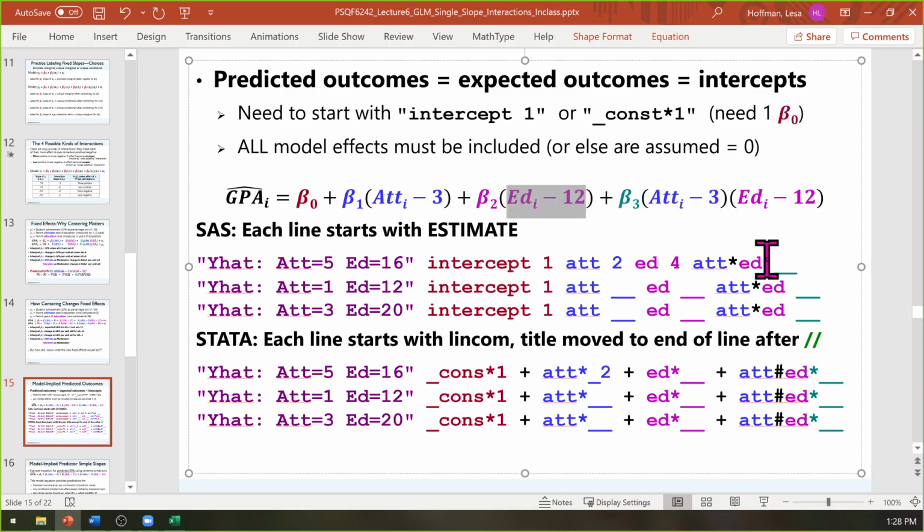Likewise, at by ed refers to what beta 3, the interaction term, is going to be. What goes here? Yeah, this is still a finger question. You got to work for it, though. Yeah, 8, because 2 times 4 is 8. Ta-da!